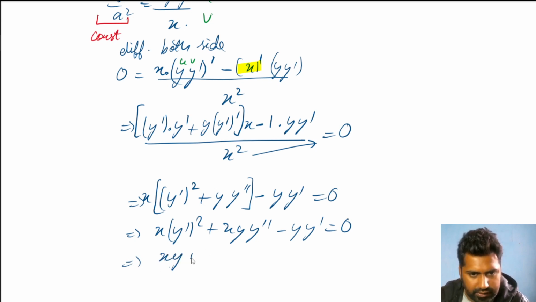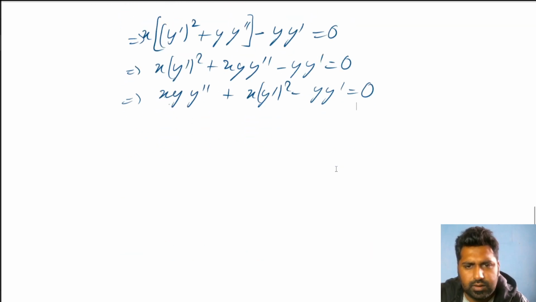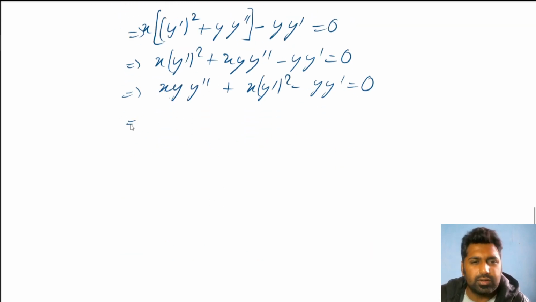So x y double dash plus x y dash whole square minus y dash is equal to 0. That's your differential equation. If you use the notation of dy by dx, it will be very complicated to differentiate this u by v.